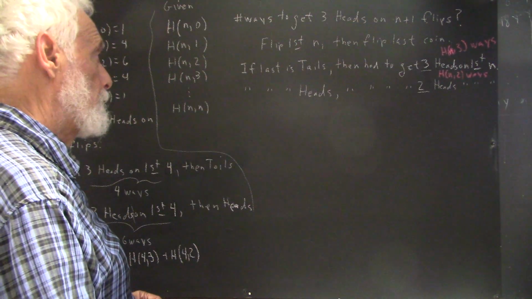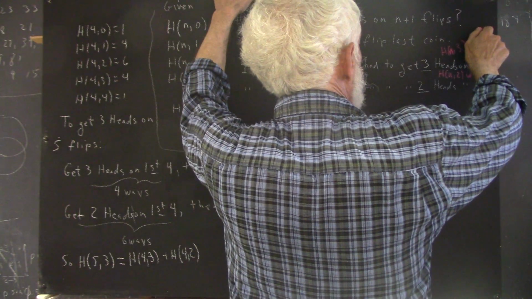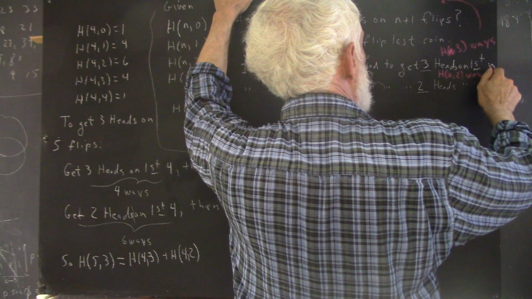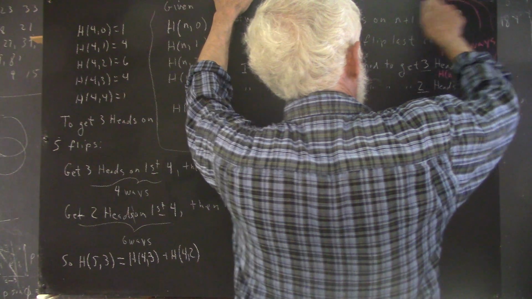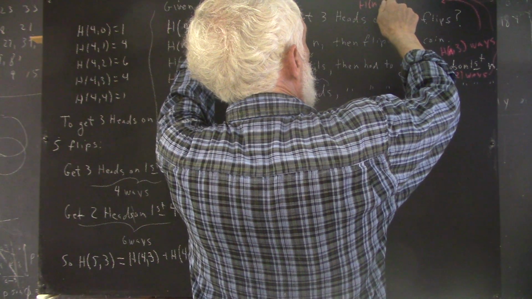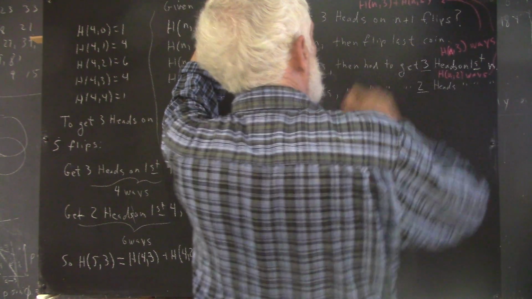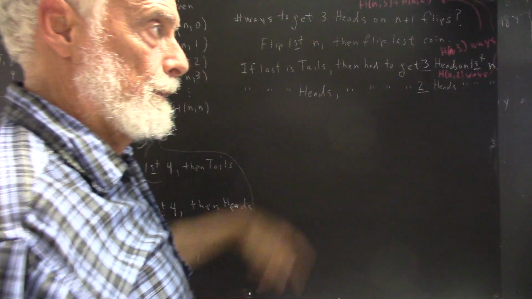So the total number, we put these numbers together, and it's h of n,3 plus h of n,2, the answer to this question.